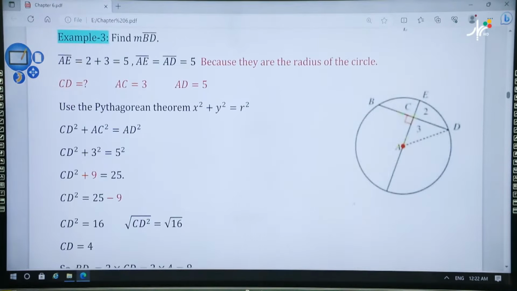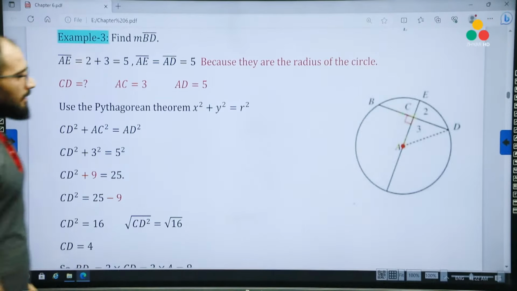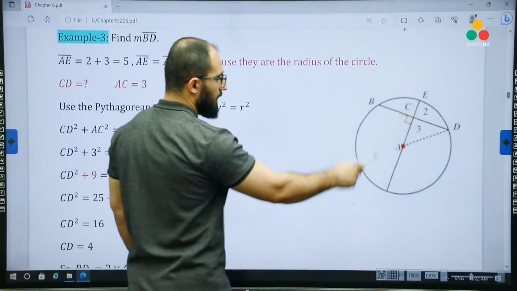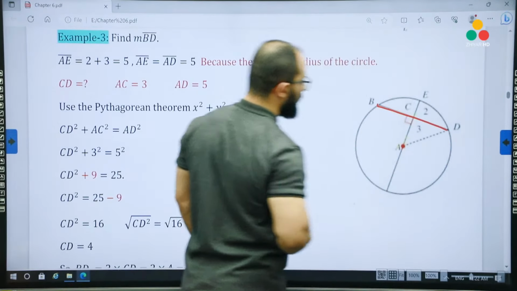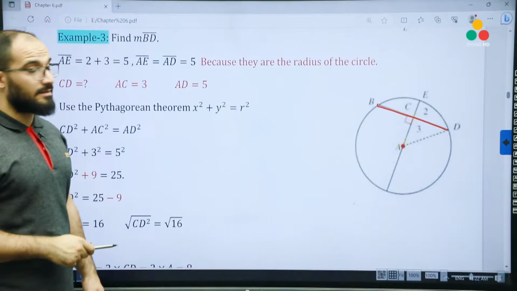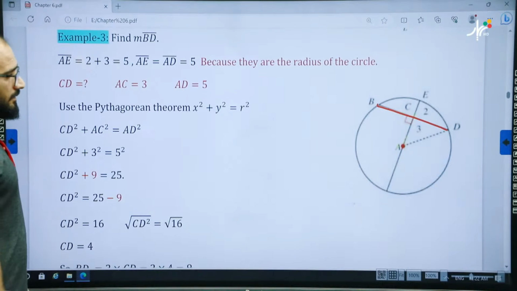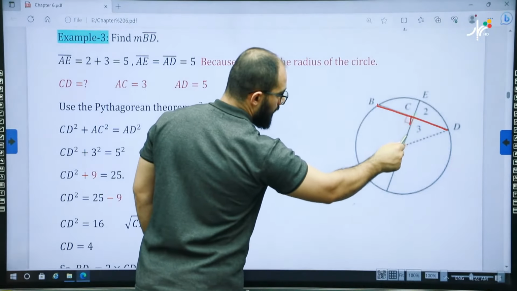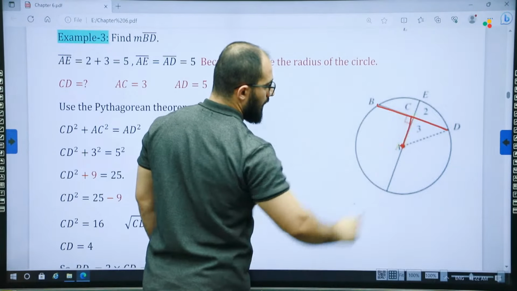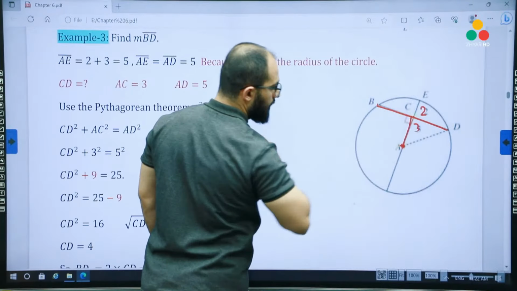In that circle, example 3 says find the measure of BD. This is BD. We have to find the measure of BD, but how to find it? Here we have AC is 3 and CE is 2.